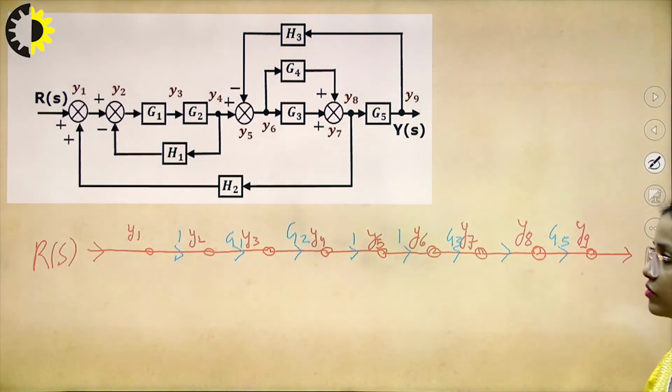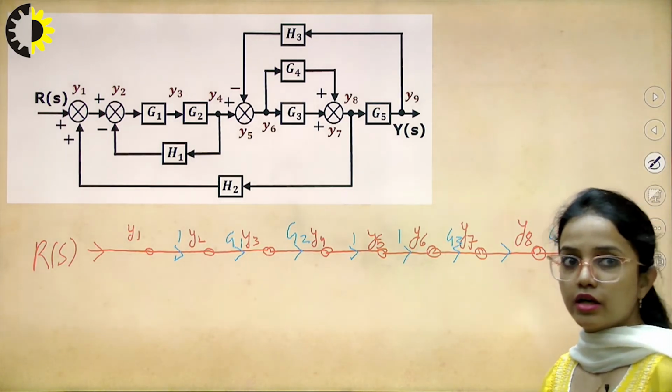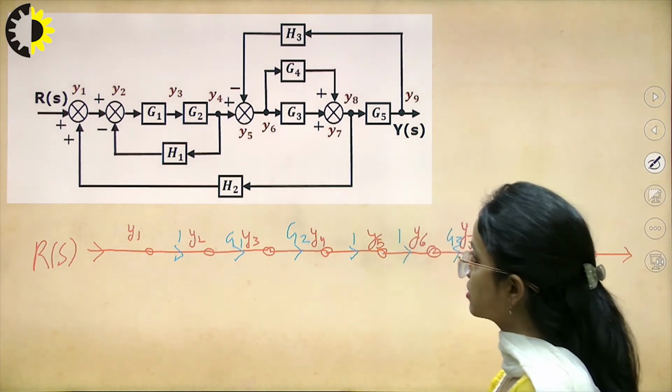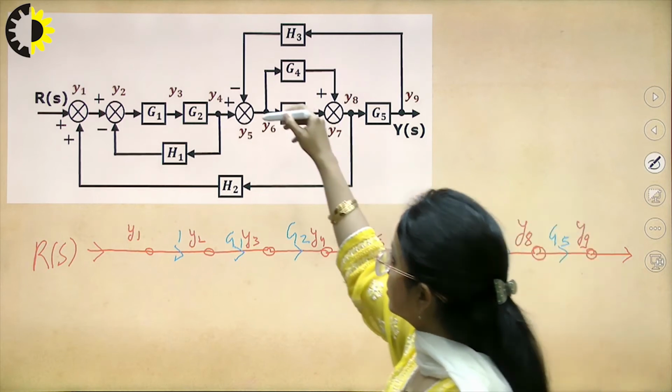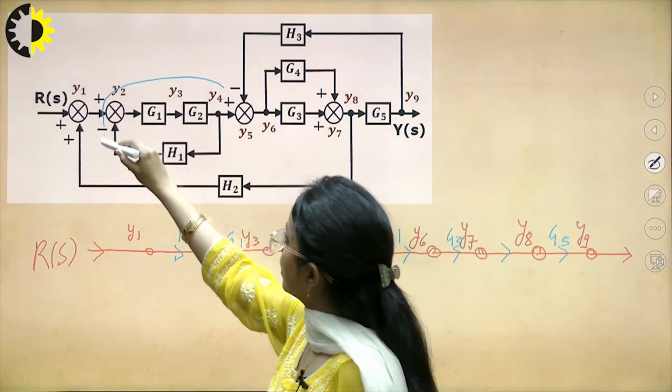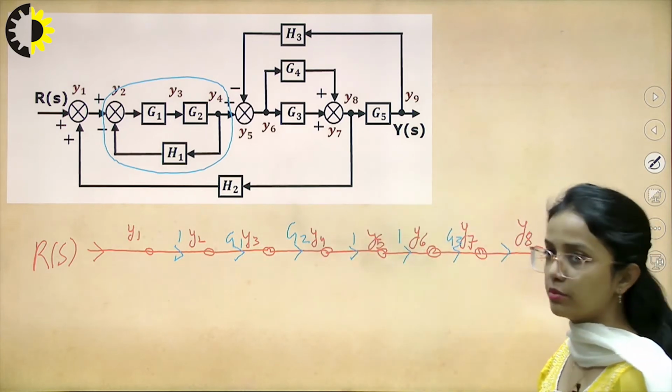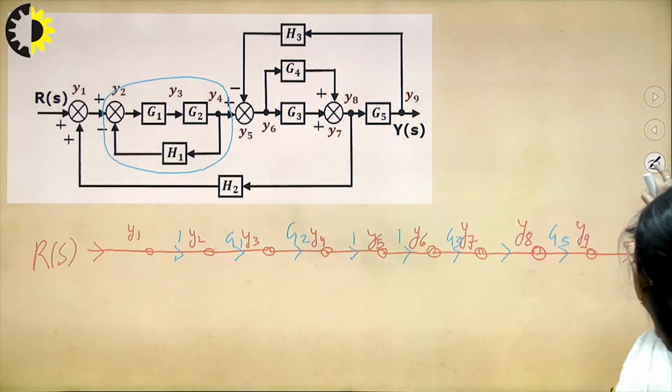Now we are good to make the remaining branches. Now we are going to make this loop, construct this feedback. Again I will use the red ink.